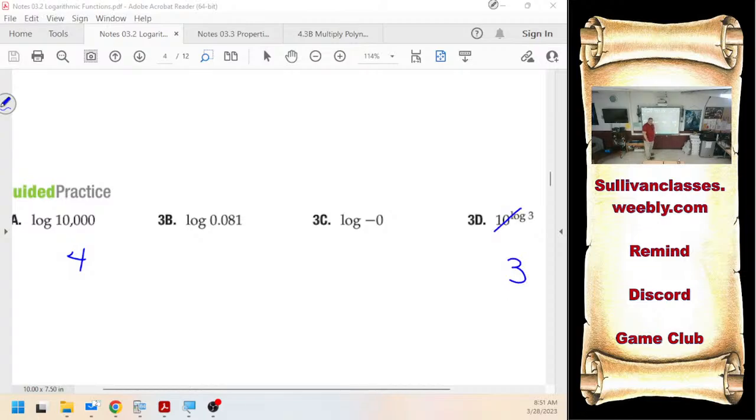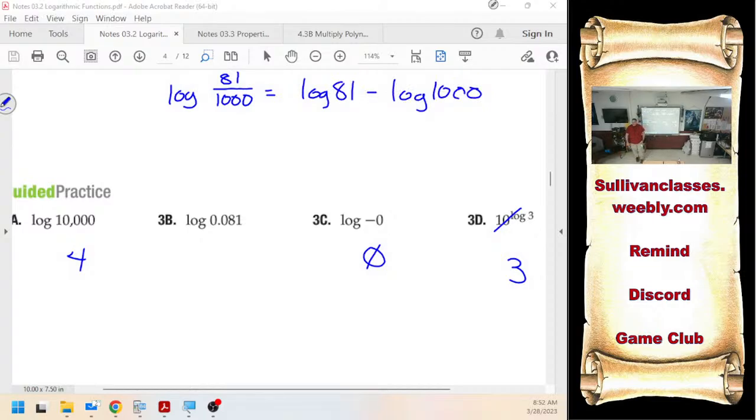Log of a non-positive is illegal. It's just to make you think. Then 0.081, or 81 thousandths. I could simplify it. If you remember, log of 81 thousandths is log of 81 minus log of 1,000.